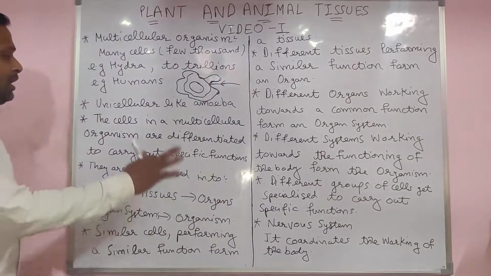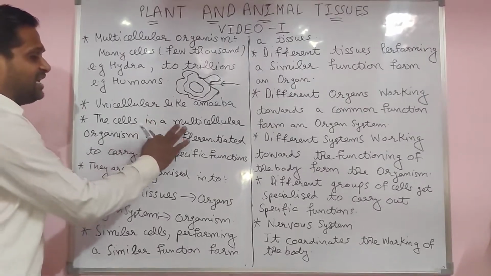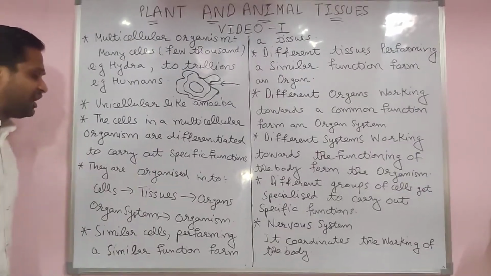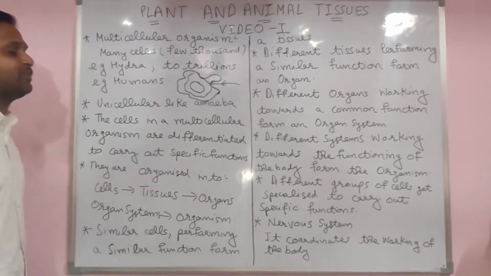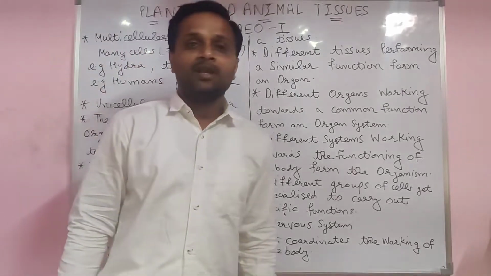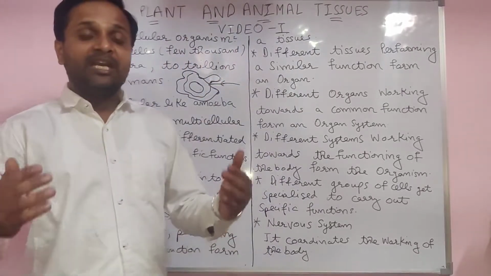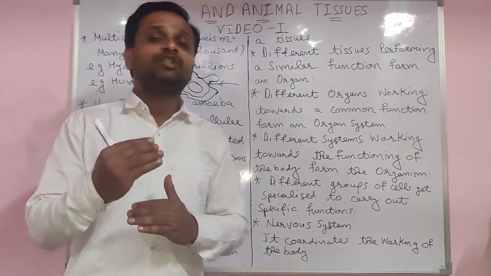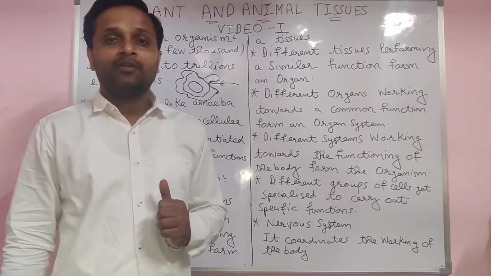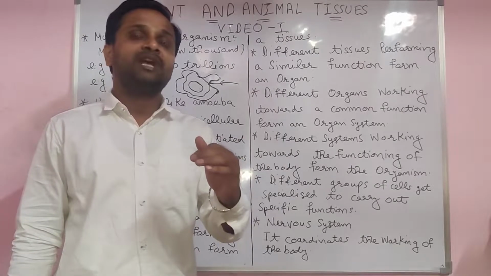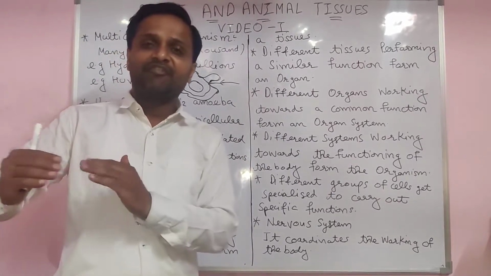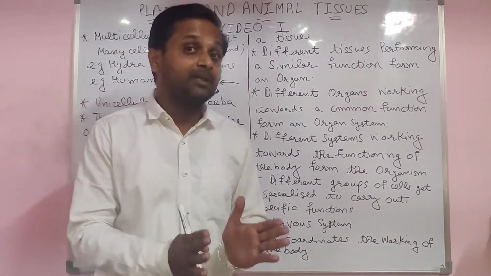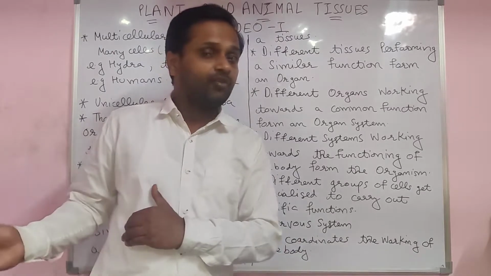Next, the cells in a multicellular organism are differentiated to carry out specific functions. In our body, every cell has its specific function. For example, in our home, every member does different work. Mother is always cooking food.